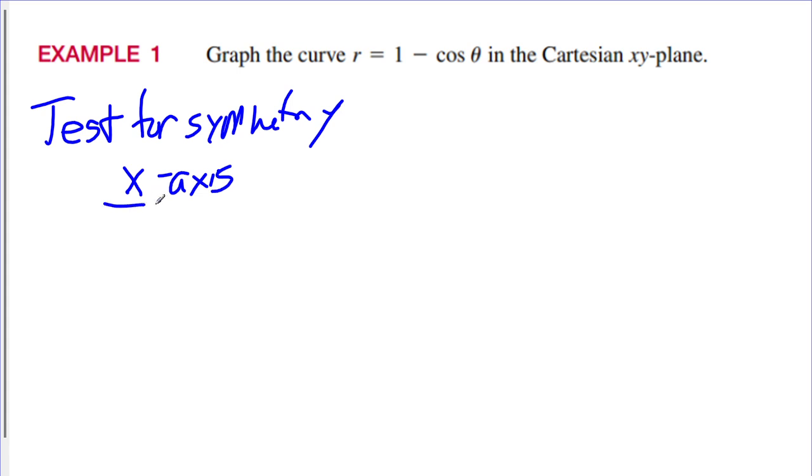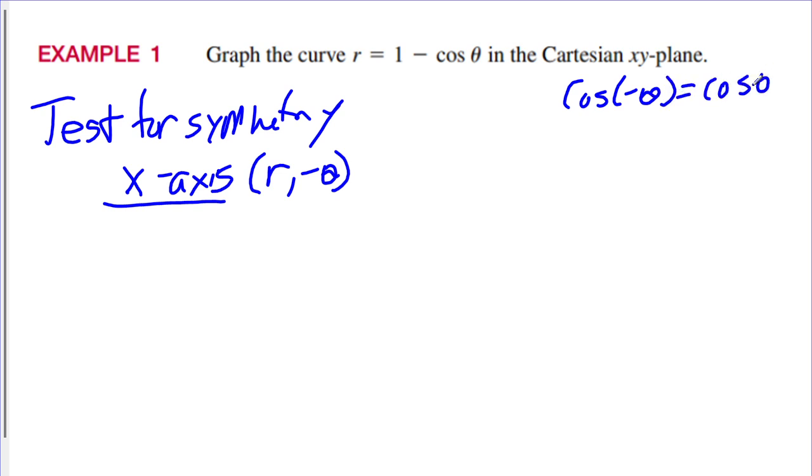To test for symmetry over the x-axis, we're going to use the test point (r, negative theta). There are a couple identities we need to remember: cosine of negative theta is the same as cosine of theta, whereas sine of negative theta keeps the negative, so it's negative sine of theta.